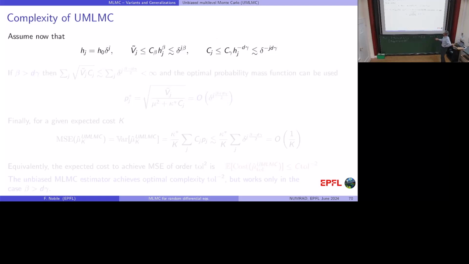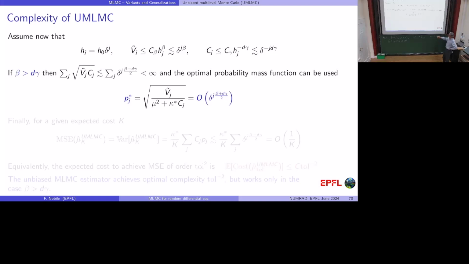And then if we use this optimal probability, this will hold only when this infinite series is bounded, which means the sum over j of delta to the j beta minus d gamma over 2. So from here you see that this infinite series is bounded only if the beta is larger than d times gamma, which was the best case in the standard multilevel Monte Carlo analysis.